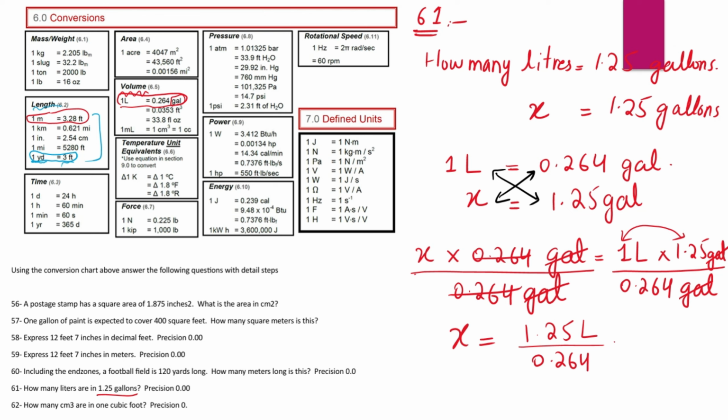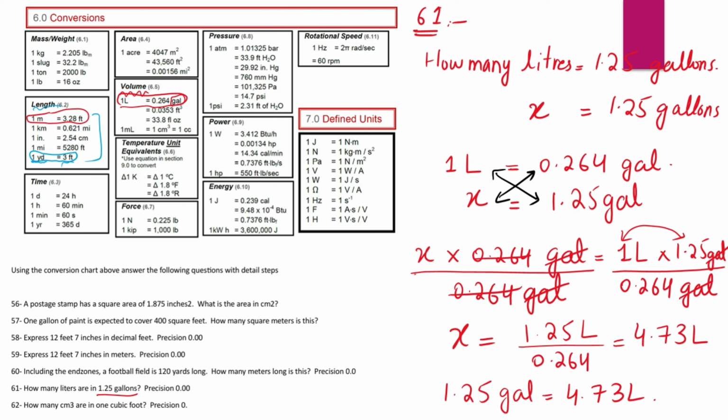So divide 1.25 by 0.264, which is 4.73. Which unit do I use here? It is L, liters. So in 1.25 gallons we have 4.73 liters.